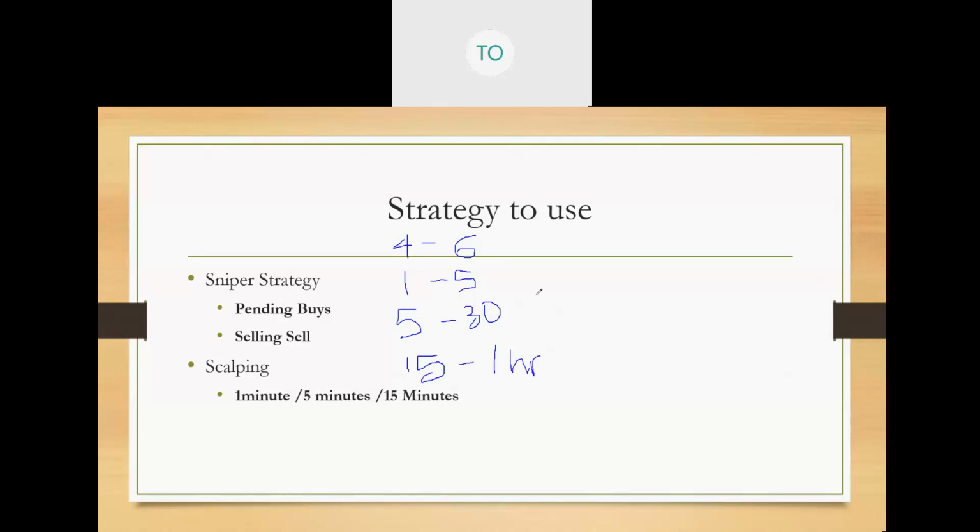Now, one thing I must tell you openly is scalping is a bit interesting. The higher we go the time frame, the more accurate you are in terms of, see, we always trade what we see. So the higher you go, the better it is.